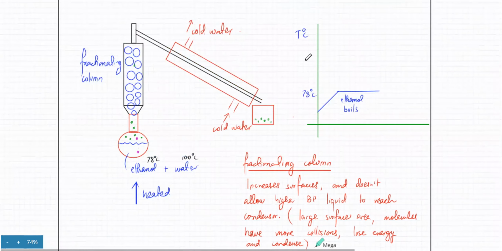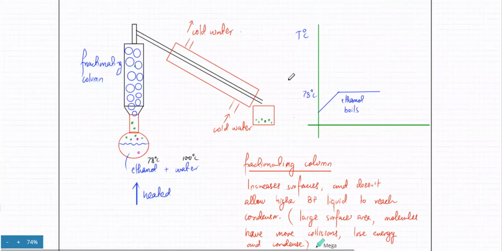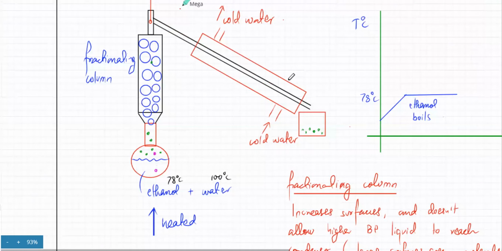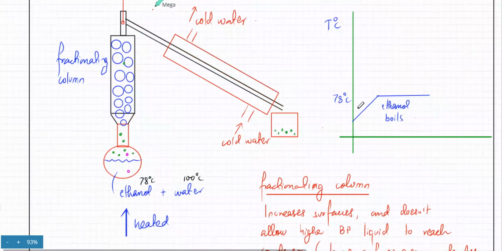Also remember that there's going to be a thermometer placed. That thermometer is very important. The thermometer is always placed at the opening of the condenser because that tells you exactly what's going into the condenser and which substance is getting condensed. So if the temperature is stuck at 78, this being the graph of the thermometer, that means ethanol is boiling and ethanol is being collected. Once all the ethanol is gone from the mixture, then it's water's turn.